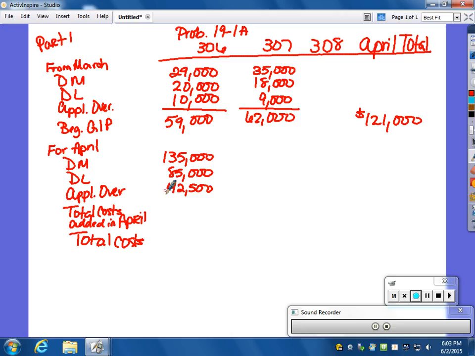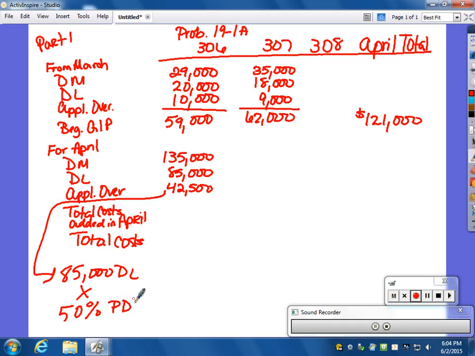I'm just going to make a little note here: labor times 50% is the predetermined overhead rate.